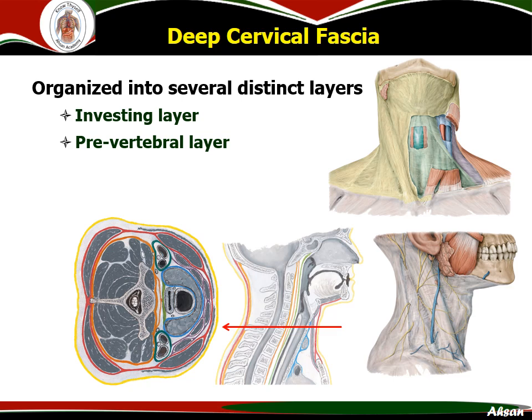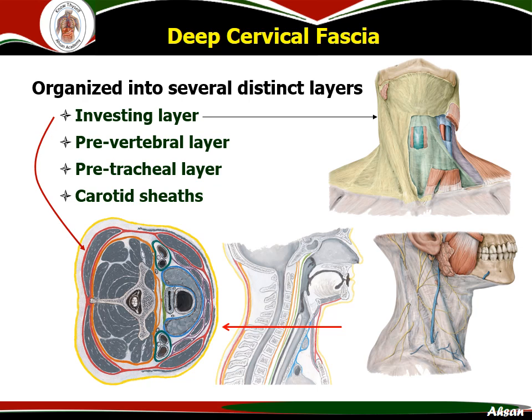Around the vertebra, this is the prevertebral layer. Around the viscera, it is pretracheal, and lastly the carotid sheath on either side. So we can indicate it by the arrow. This is the investing layer, this one is the prevertebral layer, this is the visceral layer or pretracheal layer, and the carotid sheath.